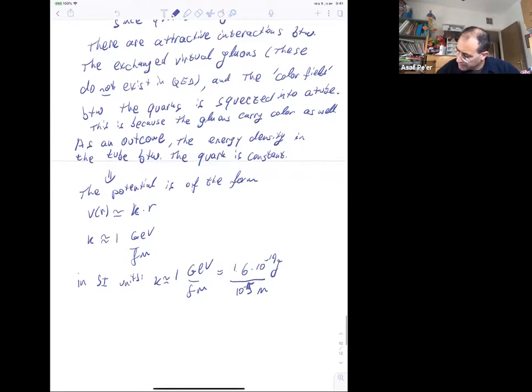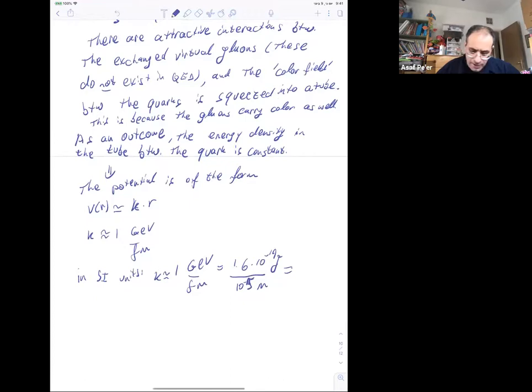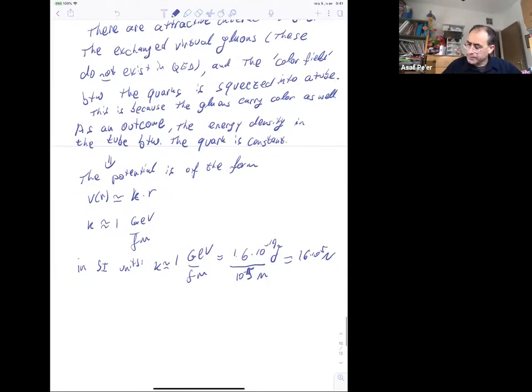No, that's fine. And that is 1.6 times 10 to the 5 Newton. That's an extremely large force when it acts between two fundamental particles. So what would happen if we insist and we try to pull apart two quarks from each other?